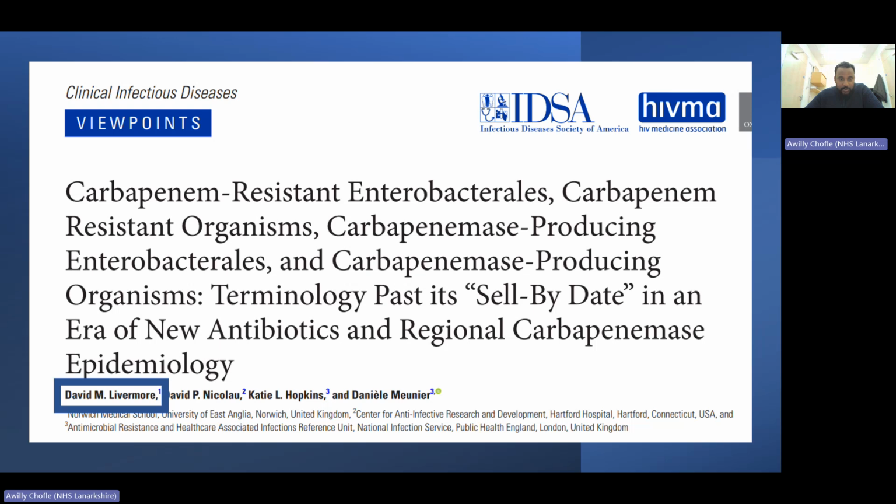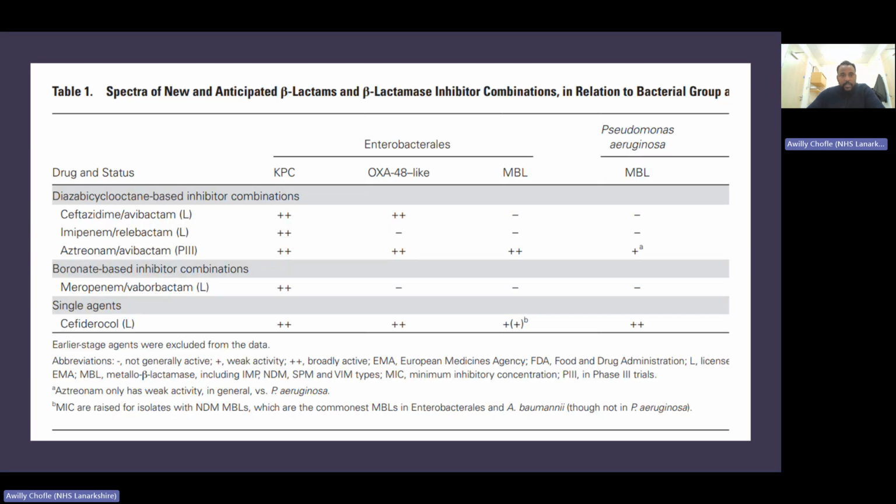He's one of the microbiology professors who worked previously at PHE or UKHSA, and he has written a lot of papers and literature on antimicrobial resistance. This is just part of one of his papers. In just one page, you get a glance of KPC, OXA-48, NDM, and Pseudomonas and the Enterobacterales.